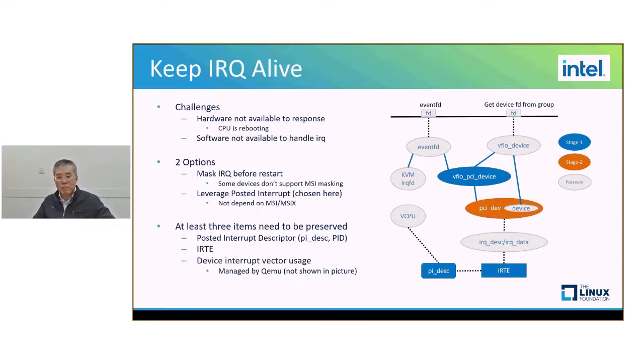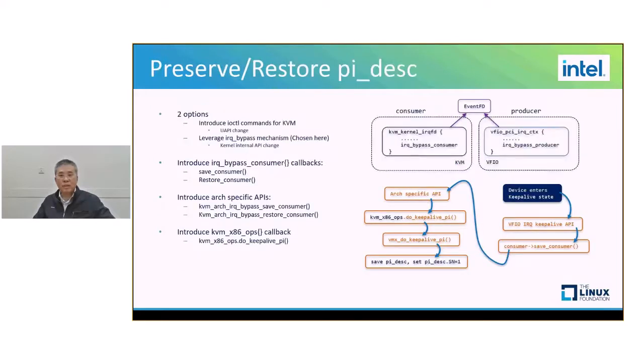Next, we will talk about how we save PID and IRTE. There are also two options to notify KVM side to preserve PID. One is to introduce I/O control commands so that Qemu can issue them to KVM side to save the PID. Another one is to leverage IRQ bypass mechanism, which is currently used by VFIO driver to notify KVM side to enable or disable posted interrupt mode.